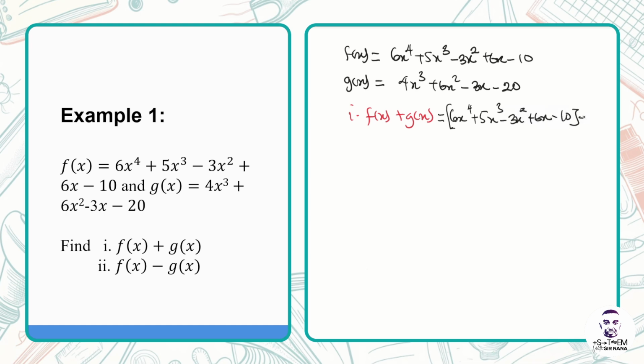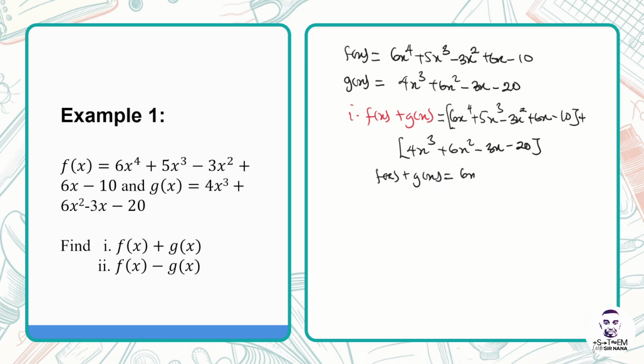Right, and we are adding it to 4x cubed plus 6x squared minus 3x minus 20. Right, so it means that our f of x plus g of x will be equal to, you want to remove the bracket. We do that because sometimes when we get to the subtraction part, you realize that the minus affects everything in the bracket.